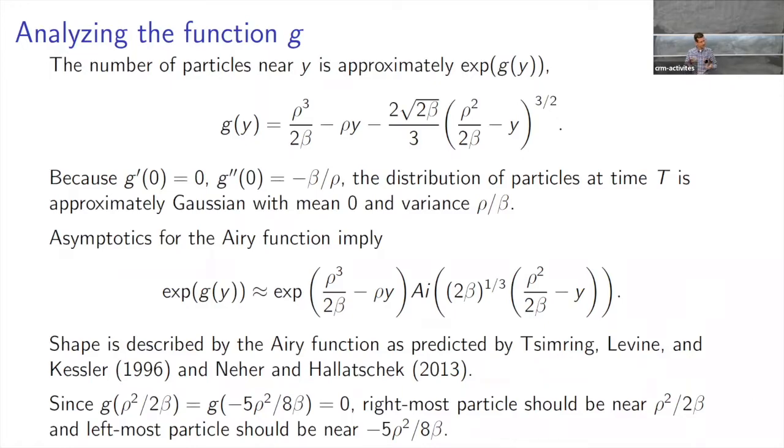And that was predicted in the work of Simring, Levine, and Kessler, as well as in the paper of Neher and Hallatschek. And then one other thing to mention about the function g is that g of y is 0 if y is equal to rho squared over 2 beta or minus 5 rho squared over 8 beta. And that suggests that we would expect to find the rightmost particle near rho squared over 2 beta and the leftmost particle, the particle with lowest fitness, near minus 5 rho squared over 8 beta.